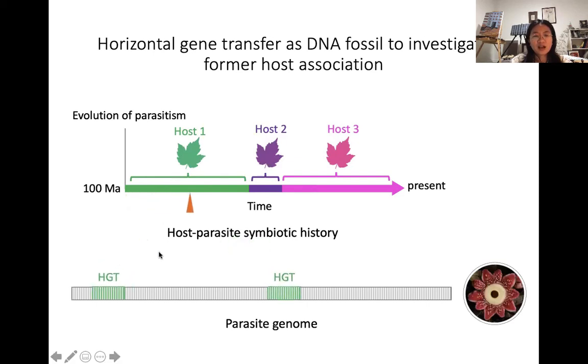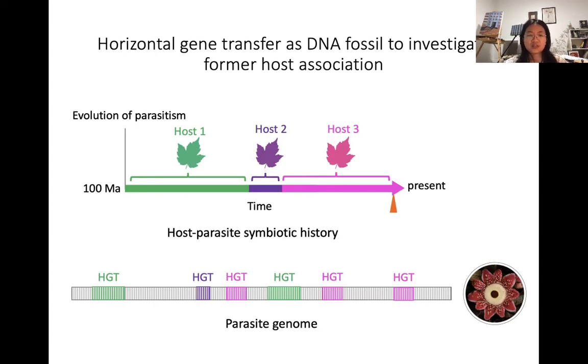Because DNA is constantly transferred from the parasite to the host and from the host to the parasite, today, by sequencing the genome of the parasite, we can identify this DNA remnant from different hosts.